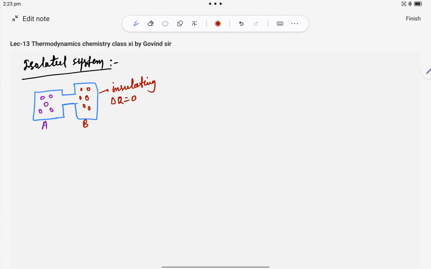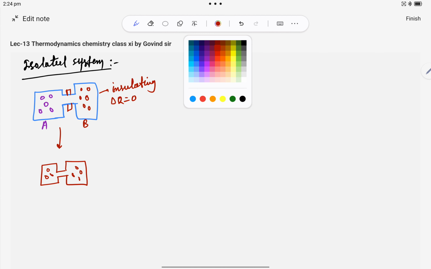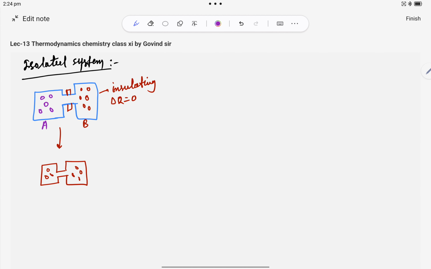When the cork is removed, what happens? A and B mix.